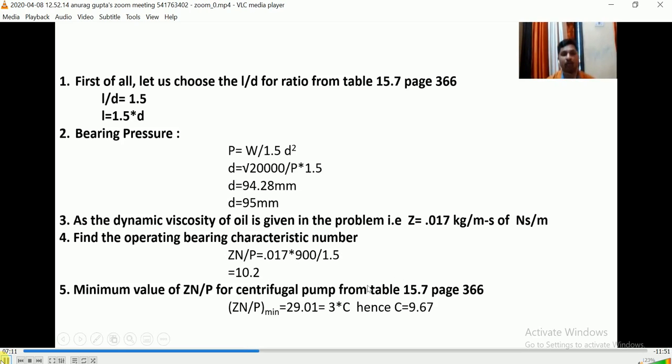Now in the next step, we have to find the bearing modulus for the particular application. To find it, we will again go to Table 15.7 on page 366 of our Machine Design Data Book by Mahadevan and Reddy.